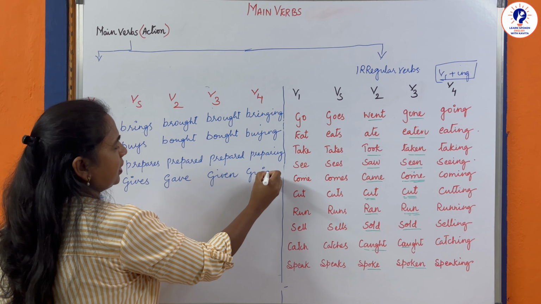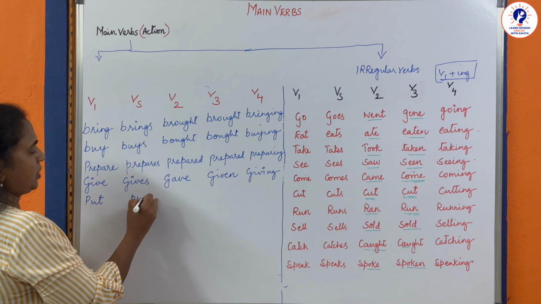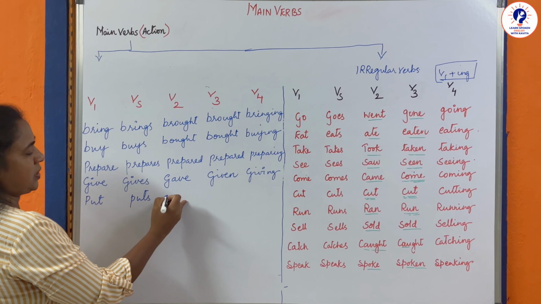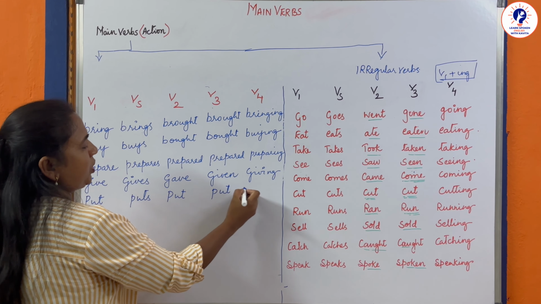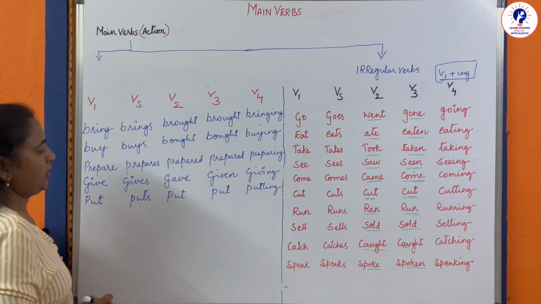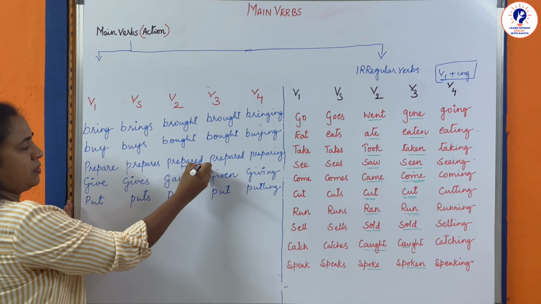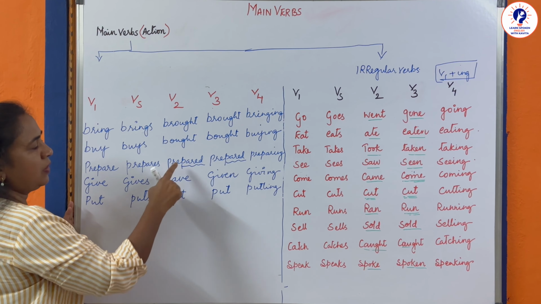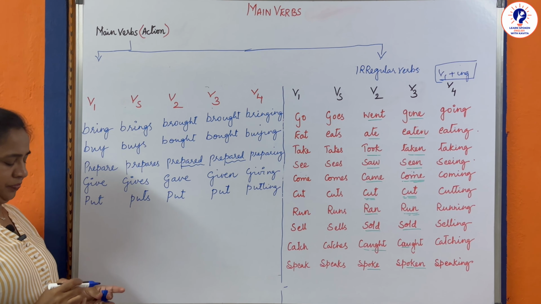This is giving. Put, puts. Yes. Put, put, putting. Got it? Look, this one is regular. The remaining 4 are irregular.